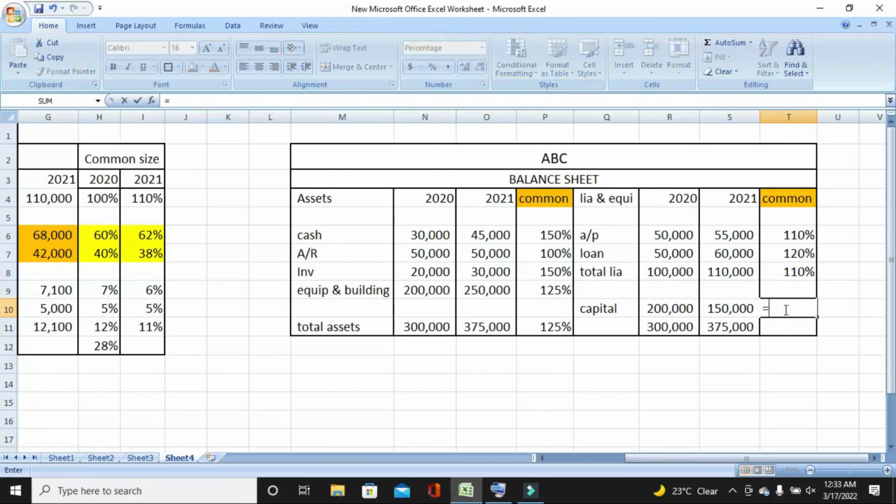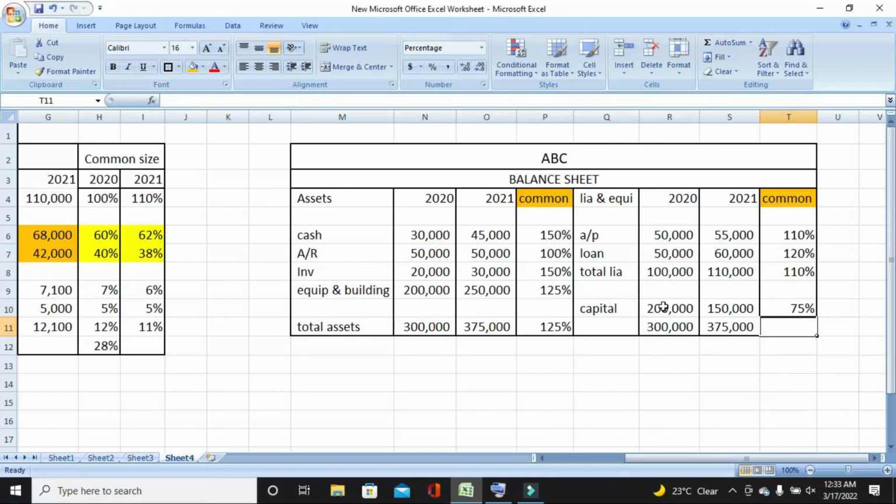So let's see how much change we had during 2021 in our capital figure. It is 75%. That means our capital has declined during 2021. As it is less than 100%, that means there is a decline in our capital.